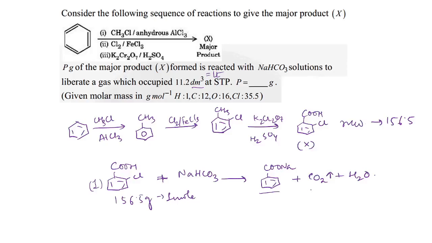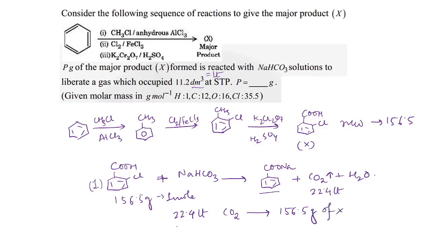In terms of liters, it will be 22.4 liters. From there we can write that 22.4 liters of carbon dioxide is produced from 156.5 gram of the compound X.